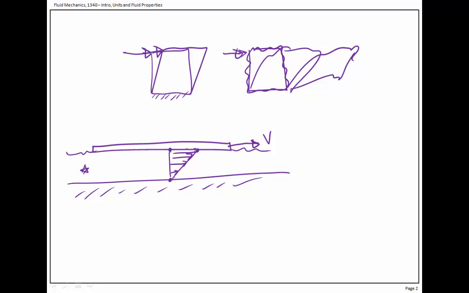And we will find later that this slope right here, based on the height and the amount of velocity that's going on, is actually going to be defined as viscosity, which is a fluid's resistance to flow. Right? It's resistance to shear, but it does resist a shear, but it doesn't sustain a shear.